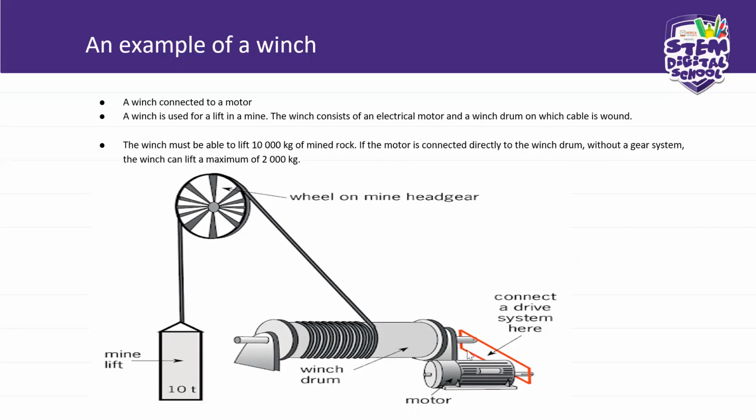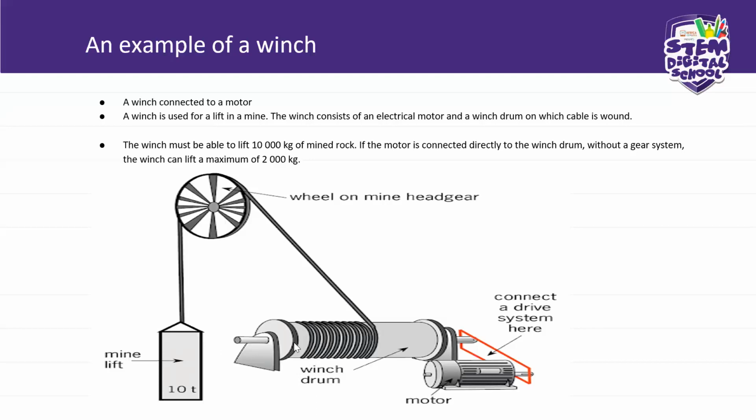Okay, like this one, without a gear system. The capacity is 2,000 kilograms that it can carry. It can lift a load of 2,000 kilograms. So I want you to understand the principle of a winch, okay?